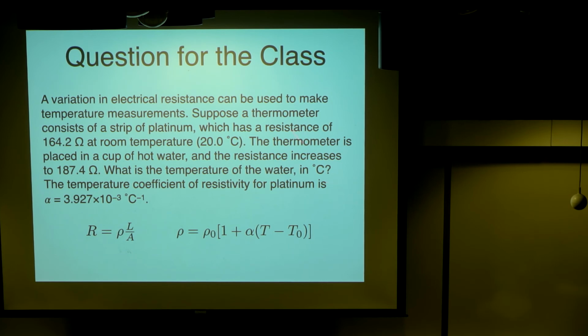So let's say we have a thermometer that consists of a strip of platinum, which at room temperature, 20 degrees Celsius, has a resistance of 164.2 ohms. But if we place this thermometer in a cup of hot water, we notice that the resistance increases to 187.4 ohms.